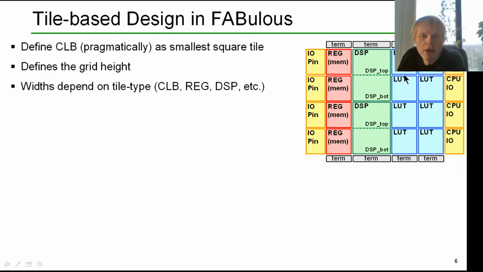And that will define the height for all the other tiles, where a resource may still use the height of multiple CLB tiles, like here our DSP tile is double the height of a CLB. And the exact width is defined by how much resources each specific resource type really needs. That allows you to build overall a very dense fabric. And that's the trick actually everybody, including all the big industry players, plays.